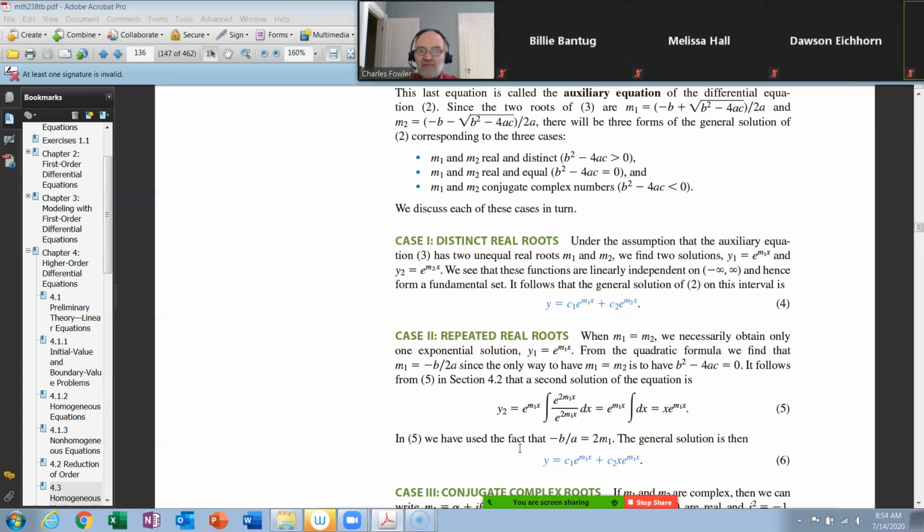Then you plug those things in and you come up with what we call an auxiliary equation. And here's why you can do this: e to the mx is never, ever, ever equal to 0. And remember, we have this differential equation equals 0, homogeneous. So your e to the mx can factor out of every one of those terms, and that leaves you a polynomial.